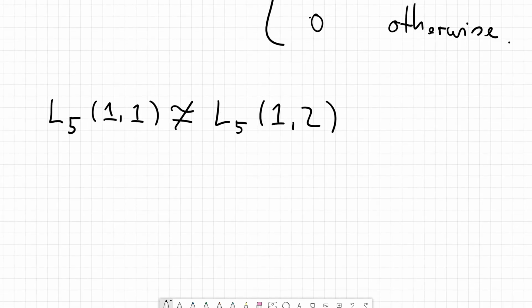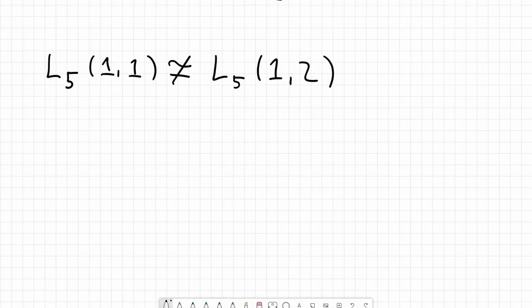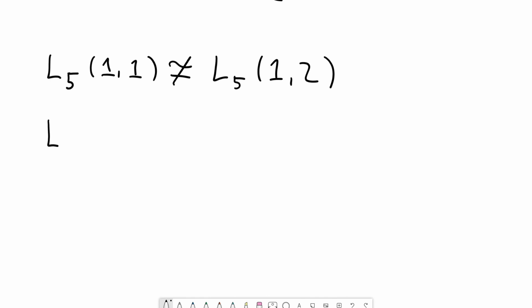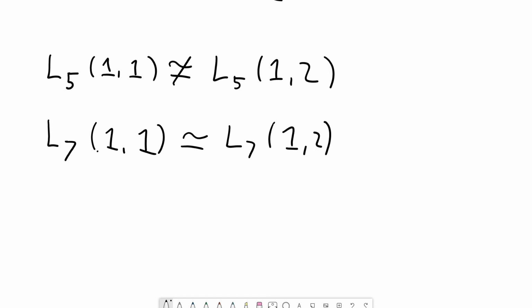And even worse than that, it can happen that two such lens spaces are homotopy equivalent, namely, for example, L(7,1,1) is homotopy equivalent to L(7,1,2), but those two lens spaces are not homeomorphic. So L(7,1,1), oh yeah, let's just write it here.